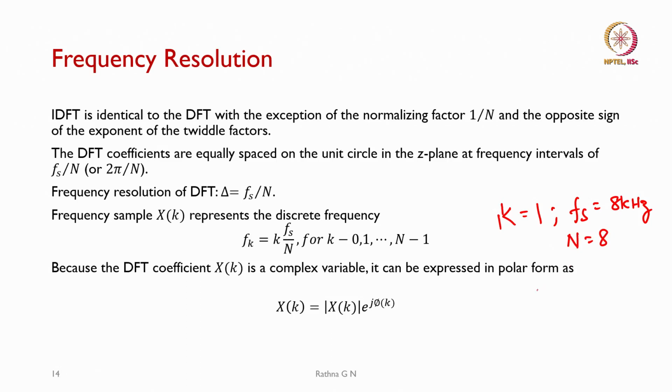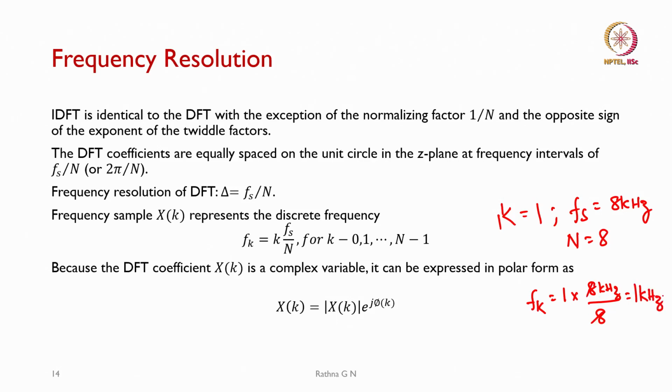Then the frequency fk component is k equal to 1 and I have chosen 8 kilohertz as my fs, divided by the number of samples, 8.